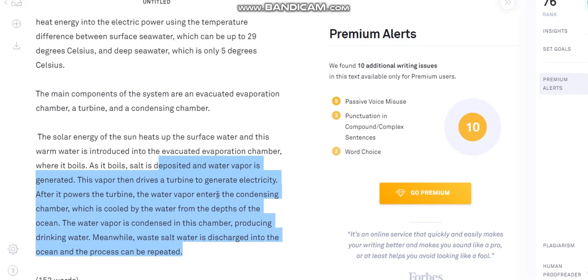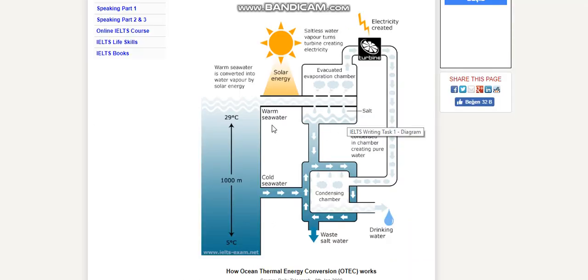After it powers the turbine, the water vapor enters the condensing chamber, which is cooled by the water from the depths of the ocean. The water vapor is condensed in this chamber, producing drinking water. Meanwhile, less salt water is discharged into the ocean, and the process can be repeated.